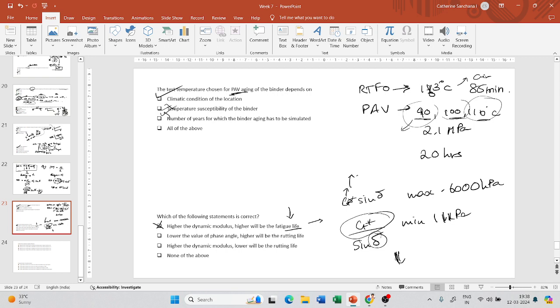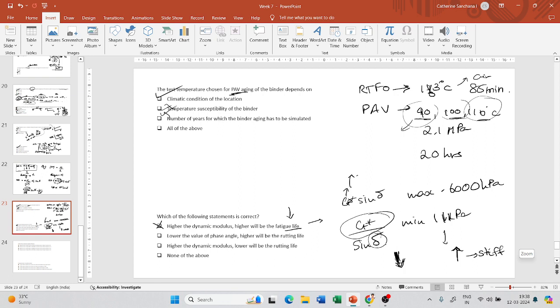If this delta is low, then G star by sine delta value will be more. If it is more, then the material will be stiff, and so it can resist rutting. So it will have a higher rutting life, right? Because it has to be minimum of 1 kPa.